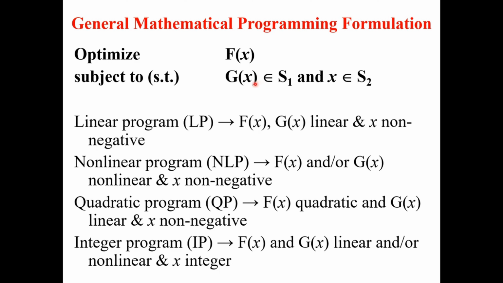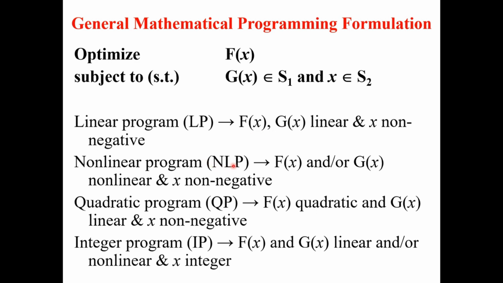These are matrices and vectors, so we have more than one constraint, and the constraints are an element of some superset S1, and the solution set is an element of S2, where usually we require, because we're economists, that the x's are non-negative. So linear programming is the most popular and the most common way to deal with these problems, where f of x and g of x are linear and x is specifically non-negative.